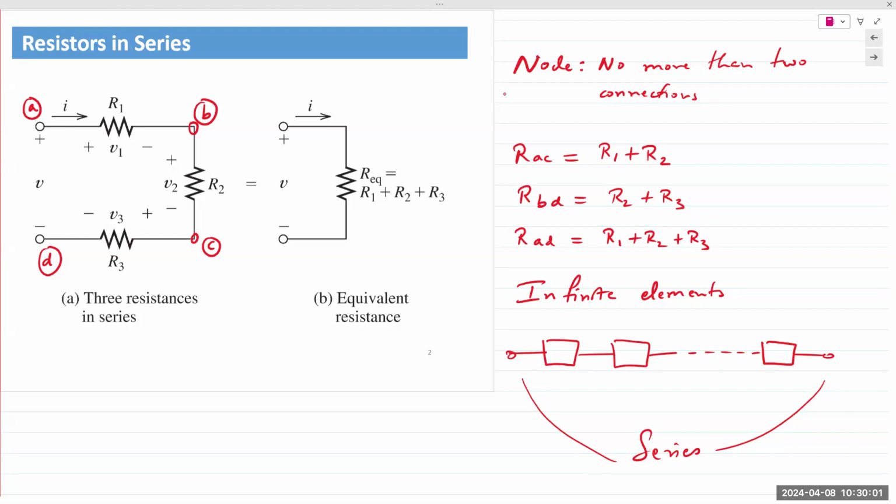So in this case, if you try to measure Req between these terminals, the total equivalent resistance as measured between those terminals, I would note it as Req. Req is simply R1 plus R2 plus R3. Right?